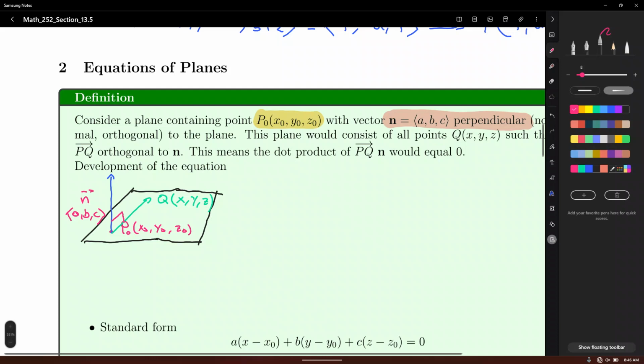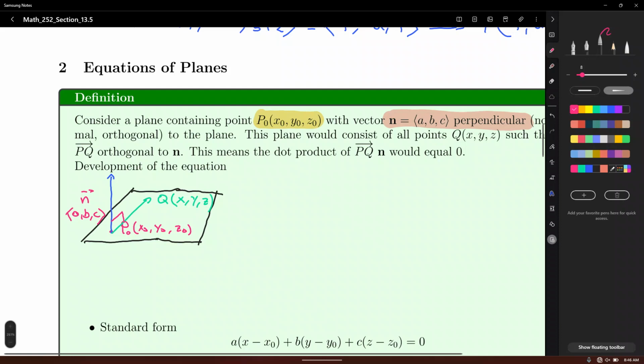That is the direction plane, and this other vector describes any vector on the plane. This is a vector on the plane, another vector on the plane, another vector on the plane. You have infinitely many choices for that. There's no limit for that. All right, so how are we going to go from this geometric situation to an algebraic equation?